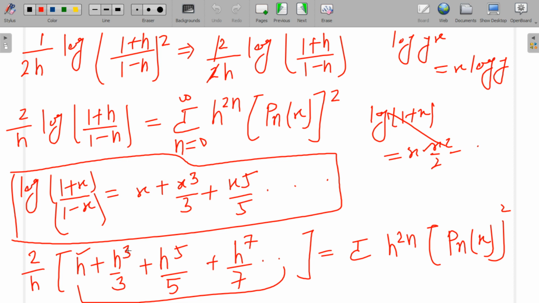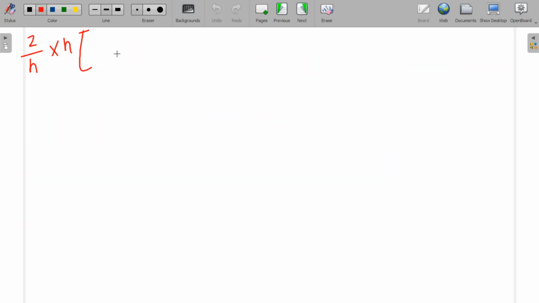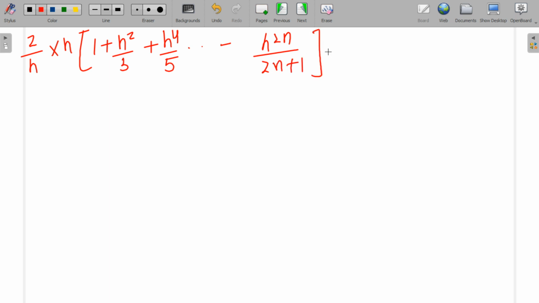This is 1 plus h square upon 3 plus h to the power 4 upon 5 and so on, h to the power 2n divided by 2n plus 1. Okay, is equal to summation n is equal to 0 to infinity h to the power 2n into Pn(x), this is the complete square.